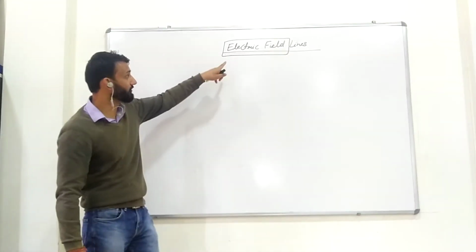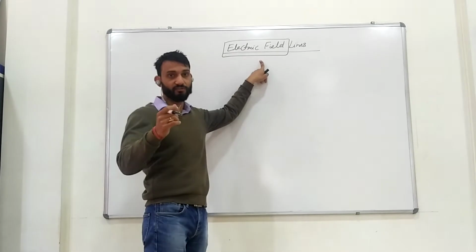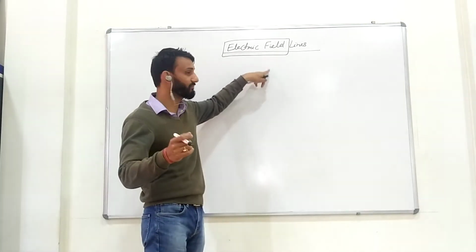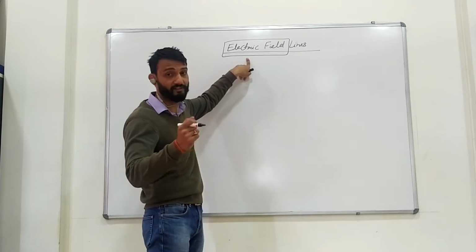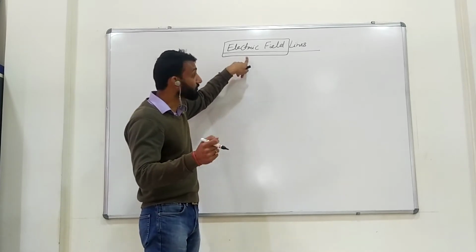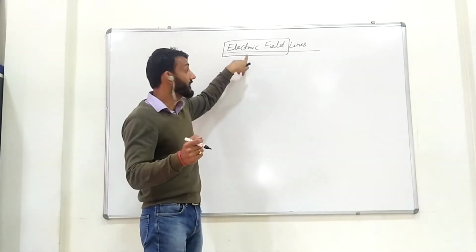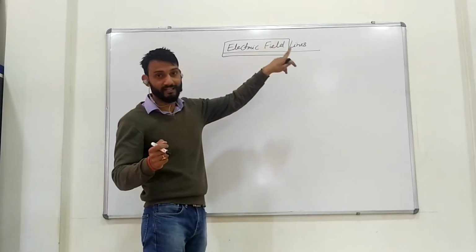In order to figure this out, first of all we need a unit positive test charge which we bring into the vicinity of the charge whose electric field we are calculating, and in order to represent this electric field we need electric field lines.